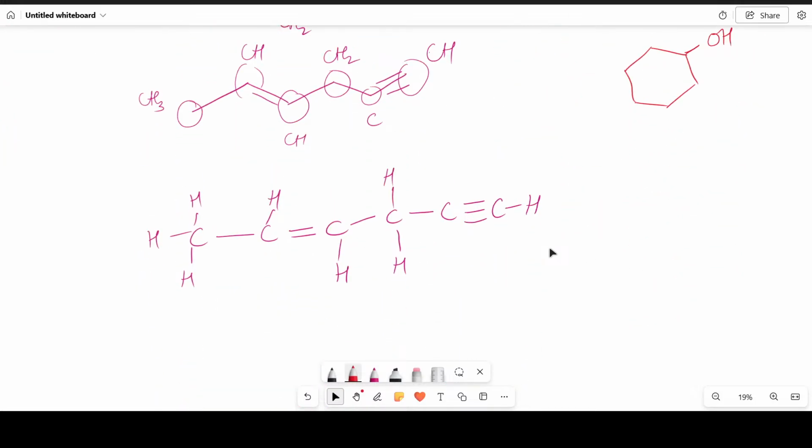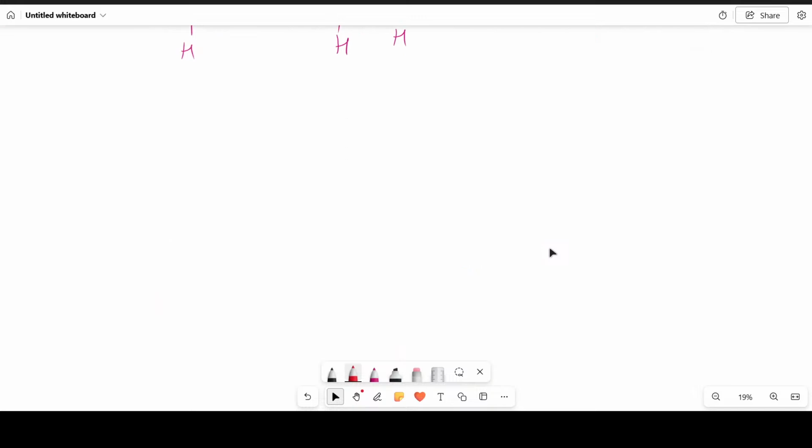Now, just quickly try to solve it. You have an example: C triple bond N, CH, OH, C triple bond N. You need to write the condensed formula and bond line formula for this compound. So write it down.